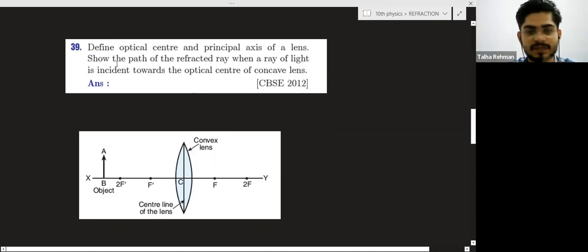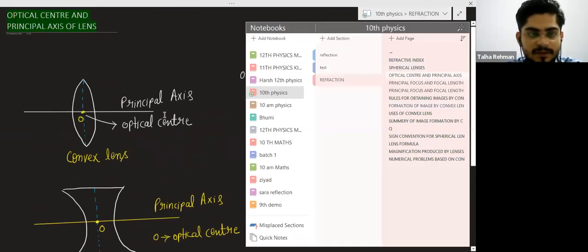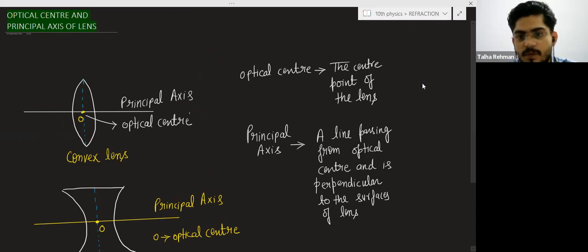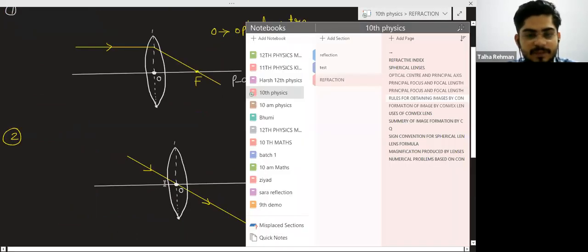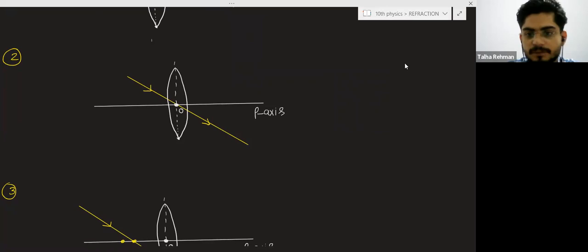And they are saying, show the path of the refracted ray when a ray of light is directed toward the optical center of the concave lens. In the starting I have discussed what the optical center is. This is the optical center, the center point of the lens, and here you can see whenever a light ray passes through the optical center, it will go straight.